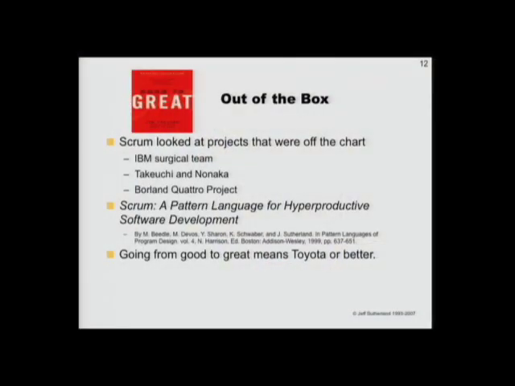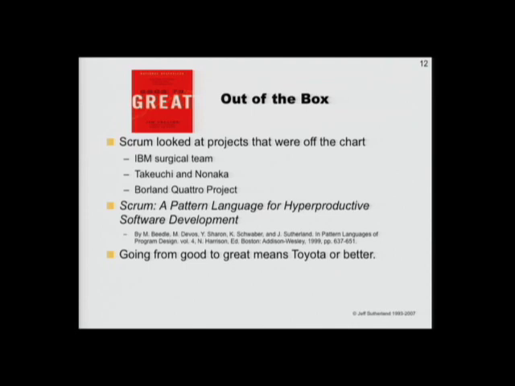It was called the New Product Development Game, and he looked at best teams all over the world, and a couple of them were in the United States at Hewlett-Packard and 3M, but a lot of them were in Japan, particularly consumer products and automobiles. And the way that those teams were described, how they were set up, how they were motivated, how management treated them, Scrum was modeled directly out of that paper. We'll talk a little bit about that later.